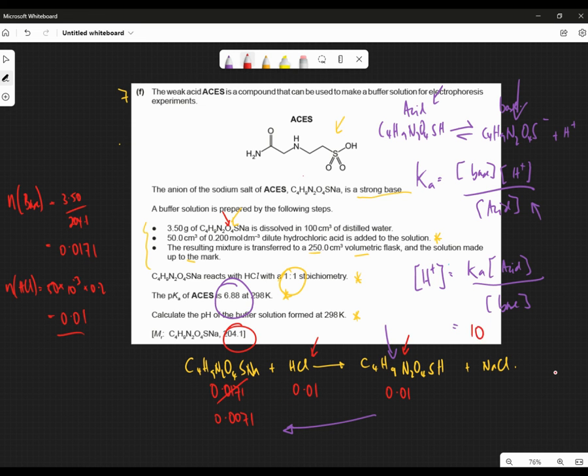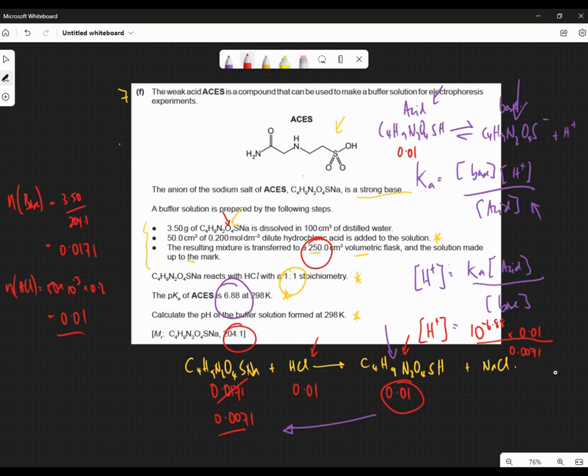So Ka is 10 to the minus 6.88 times the acid concentration, which is this, 0.01, divided by the base concentration. Well, actually, I'm not using the concentration, am I? I'm using the number of moles here. Now, the reason I can do that is because they're all in the same volume. The volume term will cancel out. So I actually don't need that 250.